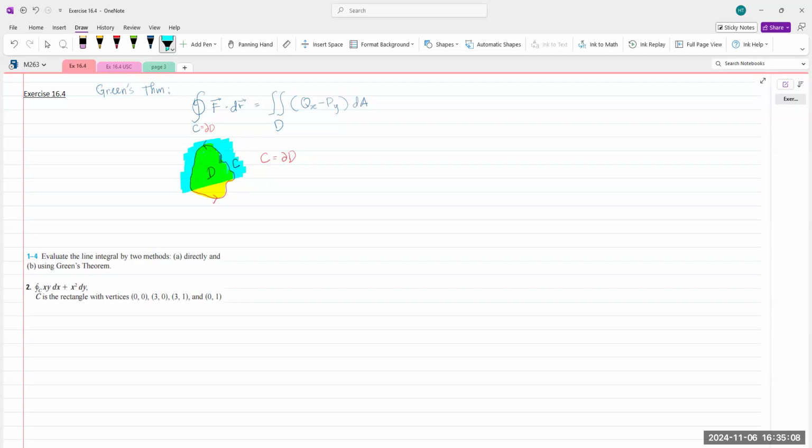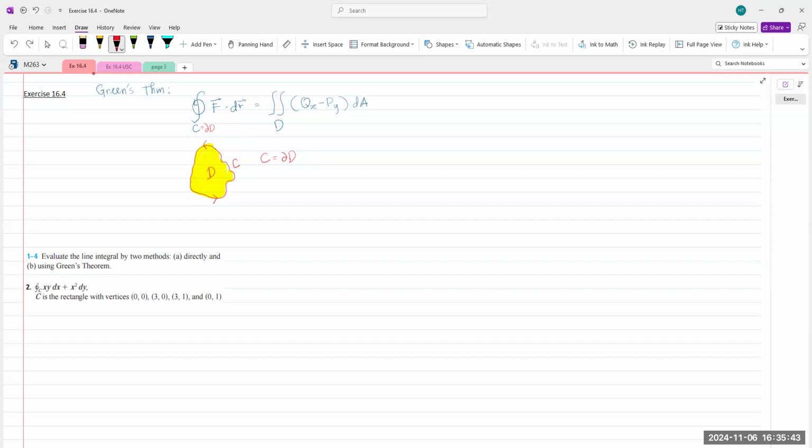This way we guarantee that the vector field has continuous first derivative even at the boundary C. For it to be differentiable there, you must have a circle whose derivative exists from every direction. I hope you remember that. Anyway, so we have that formula.